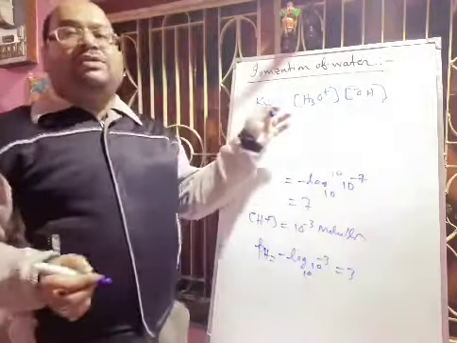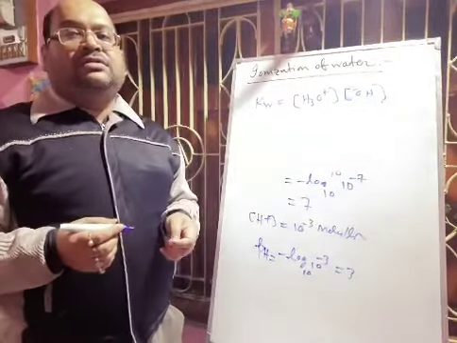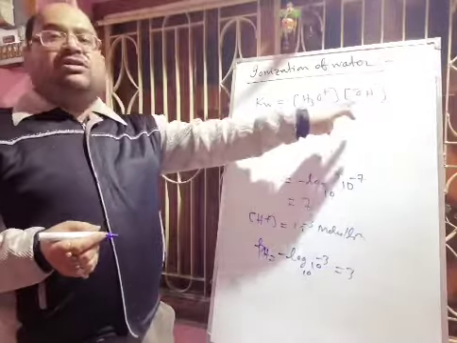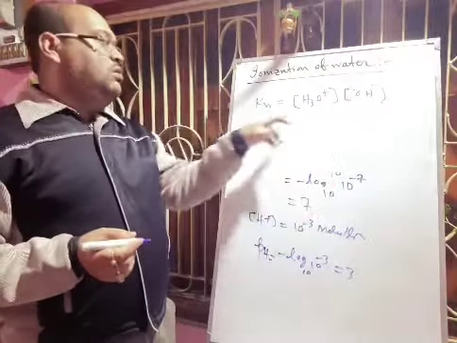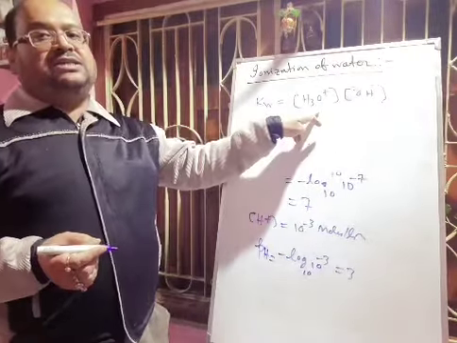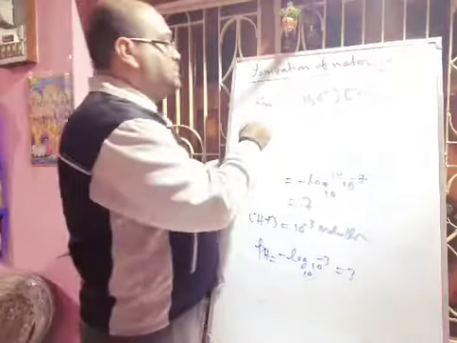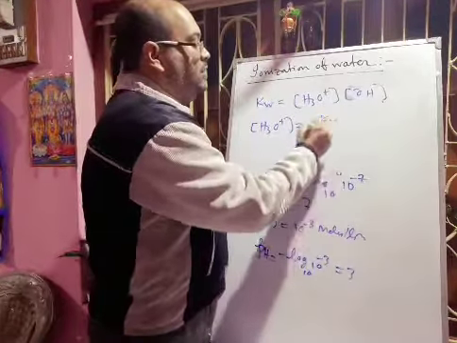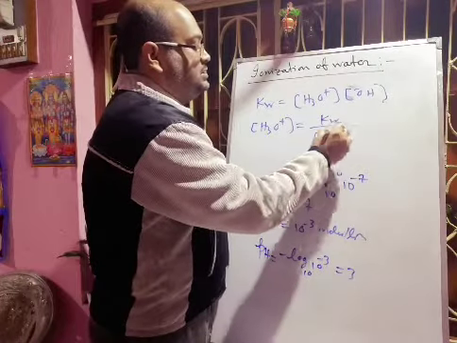Now here what we are saying is that Kw is equal to the concentration of H3O plus and the concentration of OH minus. So if you want to find the concentration of H3O plus, it will be equal to Kw by the concentration of OH minus.